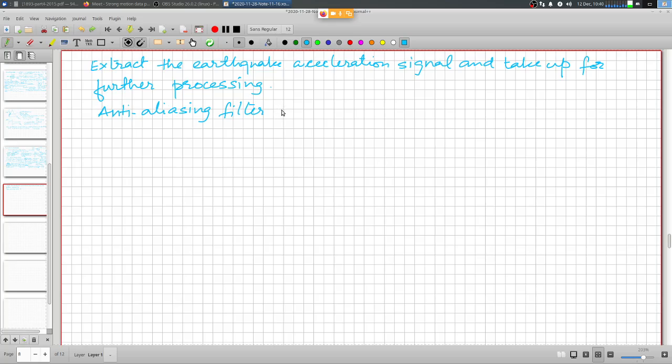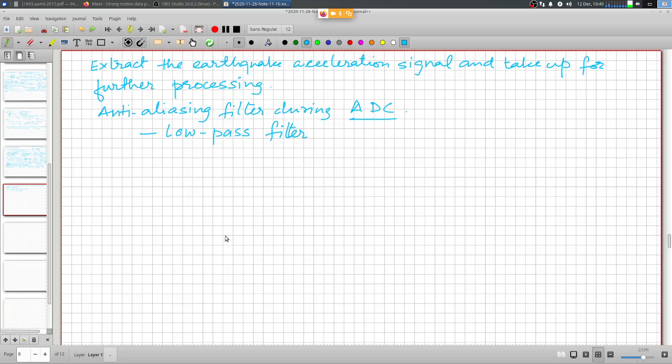Anti-aliasing filter during ADC. This is built into the system, and this anti-aliasing filter is an analog filter. What it does is, it is a low pass filter.